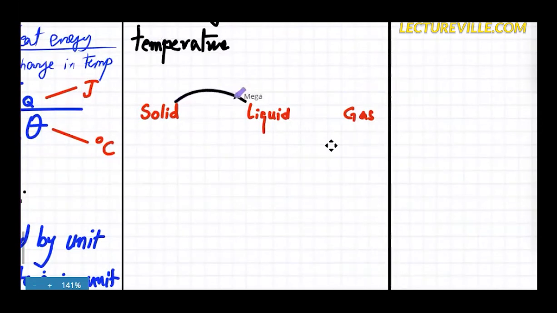Solid to liquid, this process is called melting. Liquid to gas, boiling.